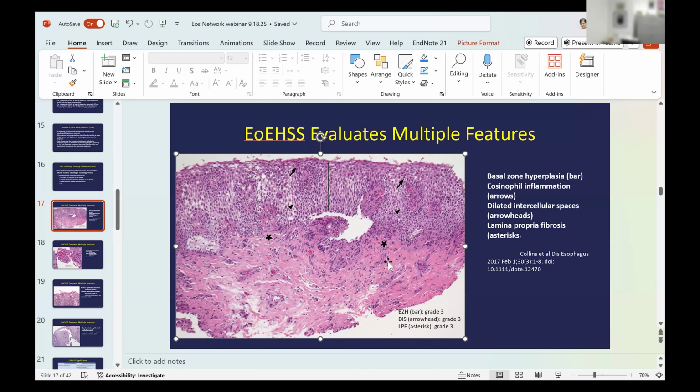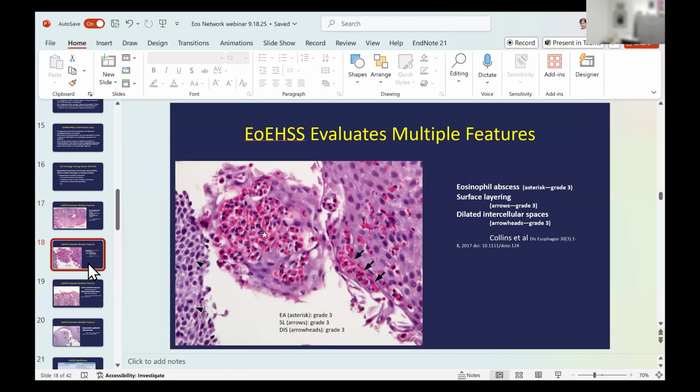Arrowheads are pointing to dilated intercellular spaces. You shouldn't see the spaces between the cells. We'll see them better subsequently. The asterisks are marking fibers in the lamina propria. The fibers should not be that thick in the lamina propria, and that's an indication of a potential fibrosis in the lamina propria.